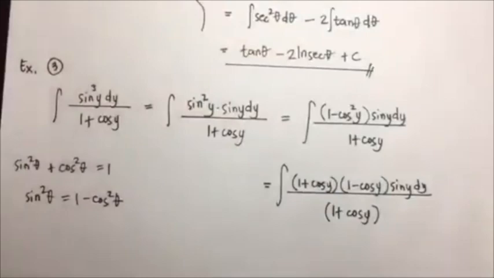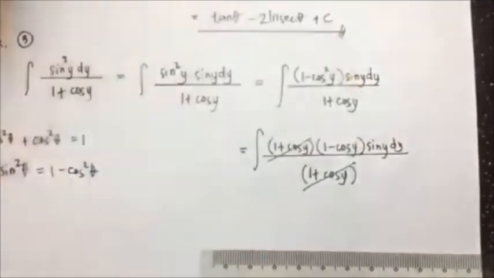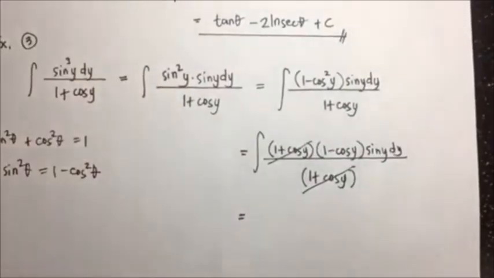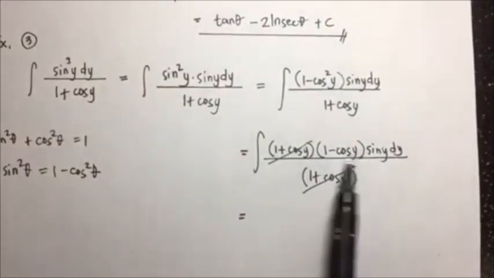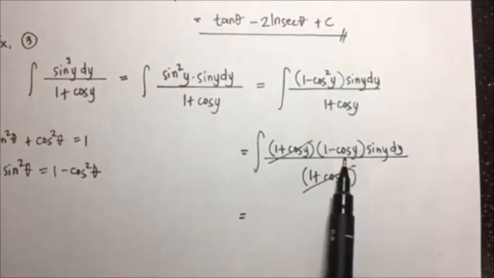As you can see, we can cancel out 1 plus cosine of y because it's a common factor in the numerator and the denominator, and then we can distribute sine y in 1 and cosine y.